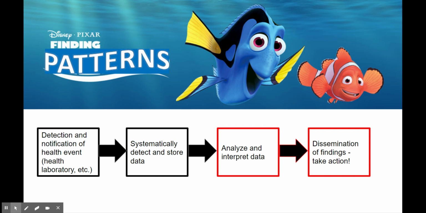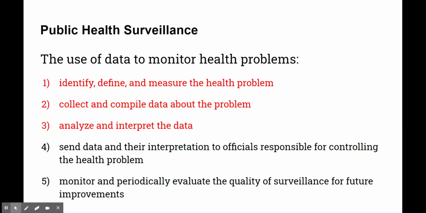So it starts off with the detection and notification that an event is happening, then followed by going around and counting everyone up. Then, when the data starts coming in, you analyze it, you interpret the findings, and then you hopefully go do something about it. So these are the steps that occur in disease surveillance.